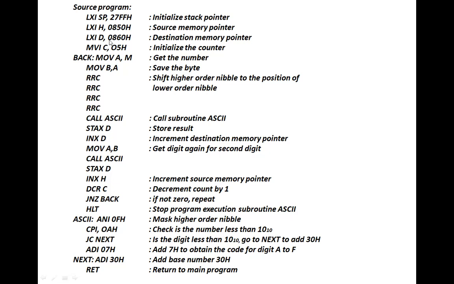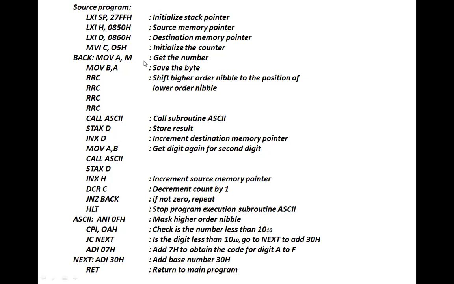And we have to store the converted numbers at the locations from 0860 onwards. Now these memory locations could be anything. It depends on where you have defined the input and where you want to store the output. So this is varying in nature depending upon the programmer's availability.